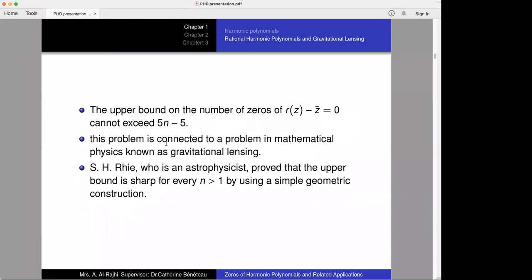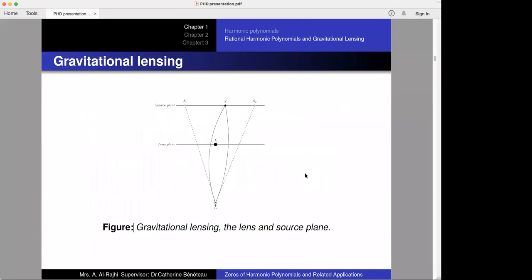At the same time, Rhie, who is an astrophysicist, proved that this result is sharp for every n by using a simple geometric construction. As you see in this figure, we have a source plane, a lens plane, and an observer. The light is deflected due to the gravitational force of the lens, which implies the observer sees multiple images.